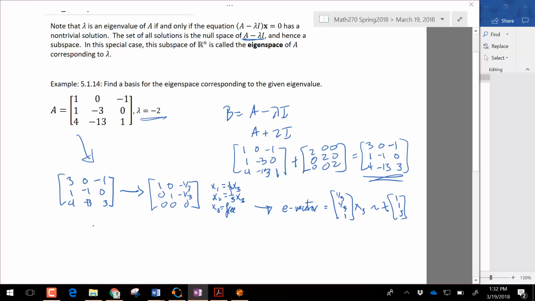So the eigenspace of A corresponding to a particular eigenvalue is going to be the span of 1, 1, 3.